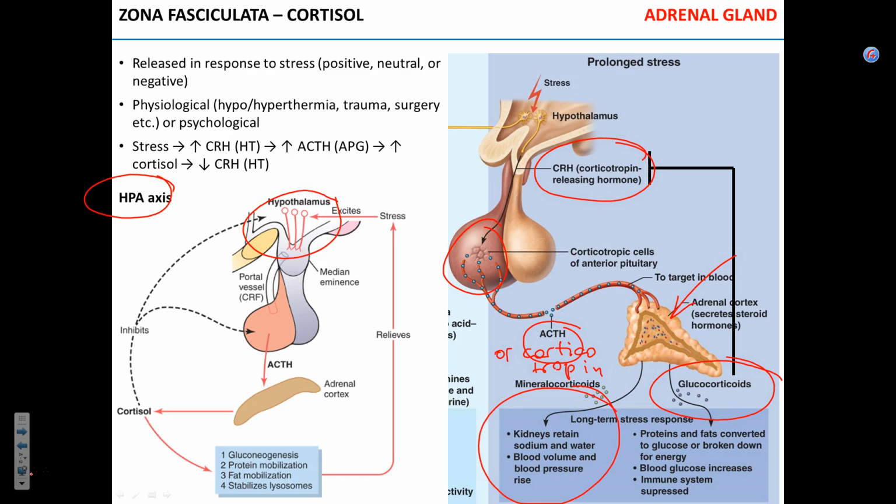Aldosterone will be produced as well. Does that make sense? So ACTH will stimulate both the release of glucocorticoids and mineralocorticoids, essentially cortisol and aldosterone.